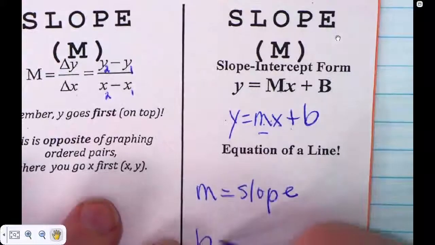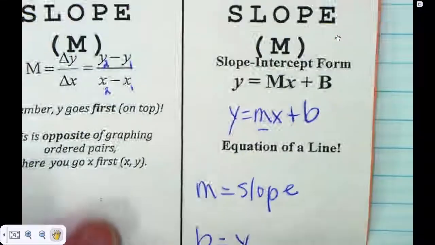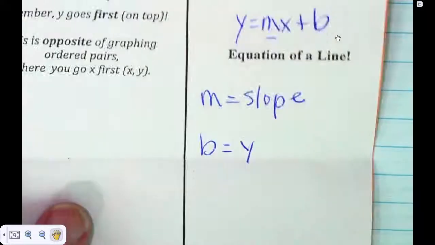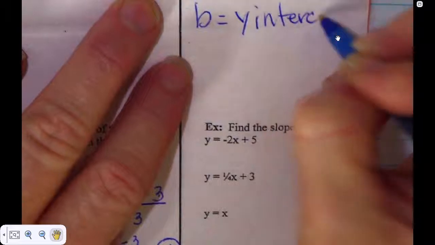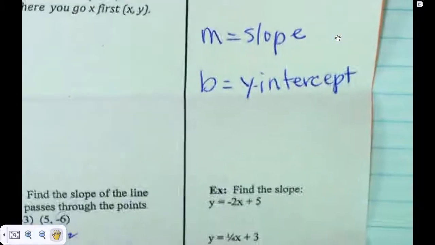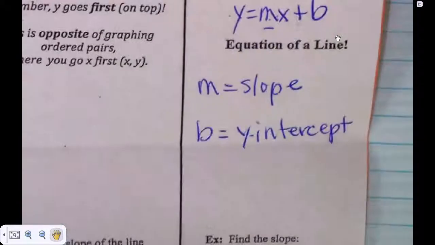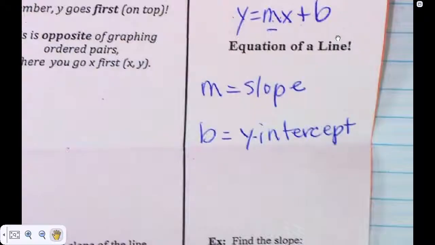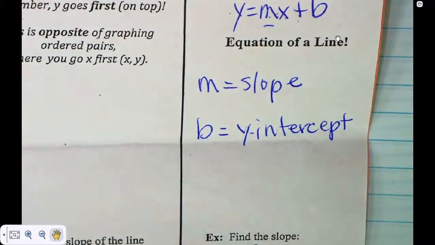And the b is always your y-intercept. So m is always your slope, and b is always your y-intercept. Now, it can be negative. Y-intercept can be negative, and we're going to get into that later.